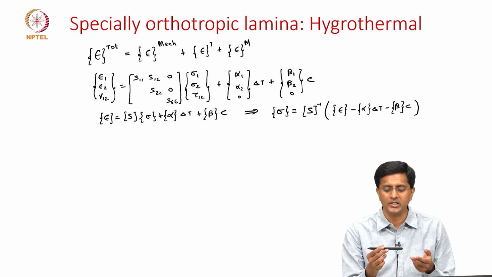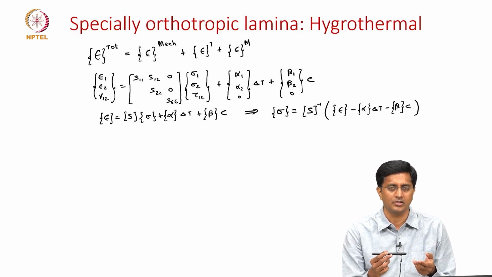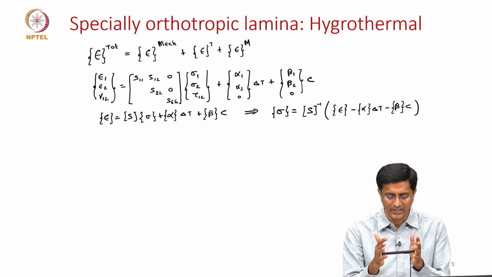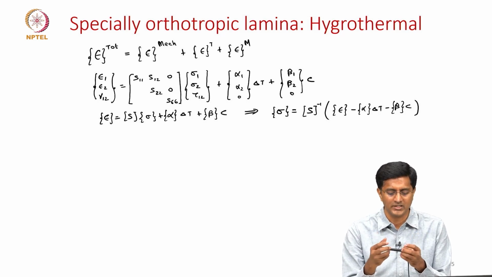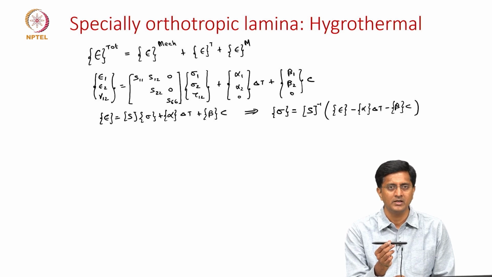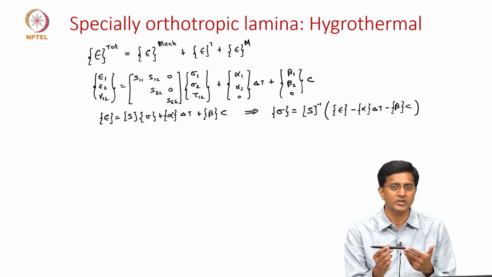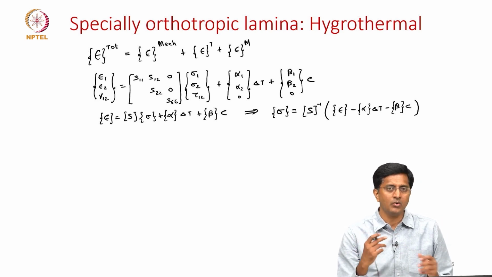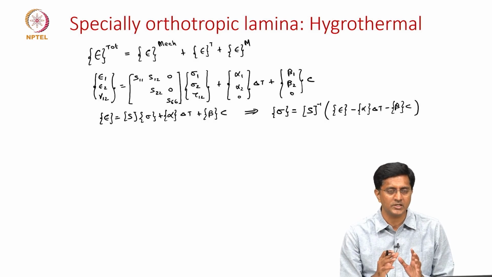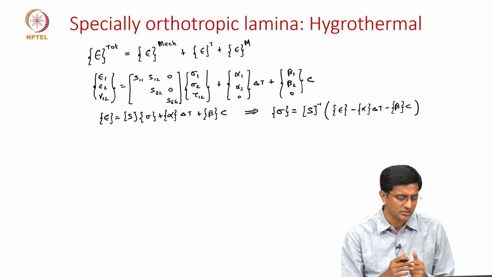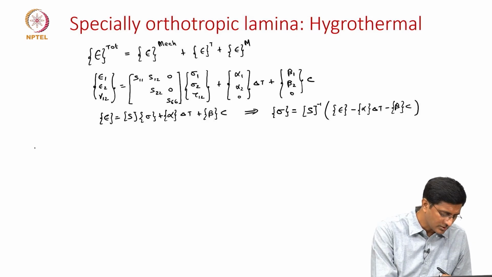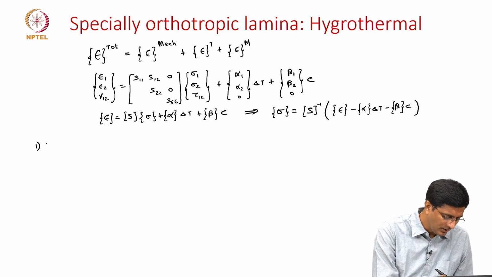That depends on whether it is constrained or not. If I restrict the expansion, that's when stresses build up. But if it is free to expand, then there are no stresses built up in the material. So now let's look at both of these conditions separately and see what is the implication of these equations we just derived. So we'll start with unrestrained.